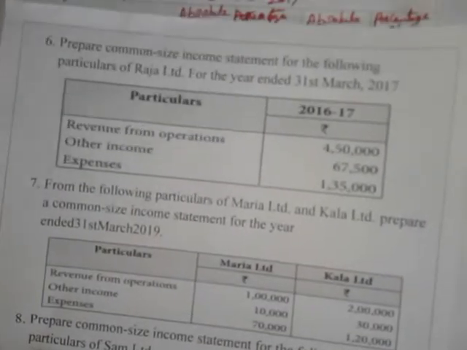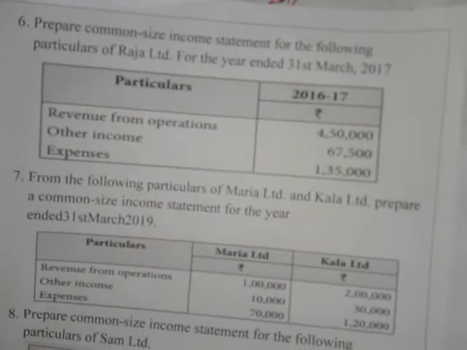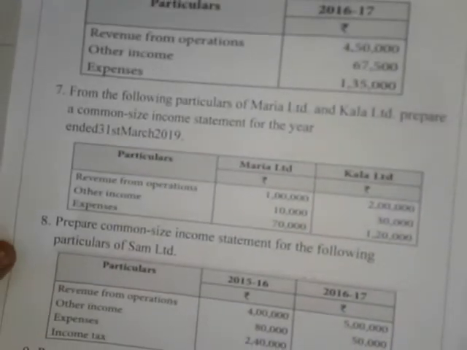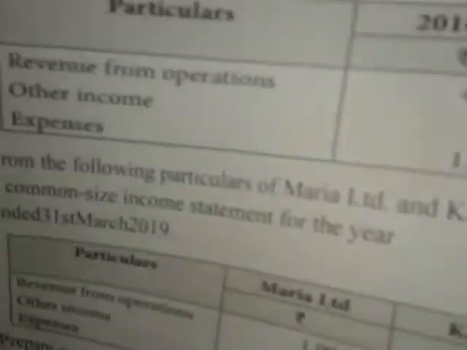Yes, I have the question with me. Take your question, that is question number 7. I make some columns for you. The heading is common size income statement of Maria Limited and Kala Limited for the year ended 31st March 2019.